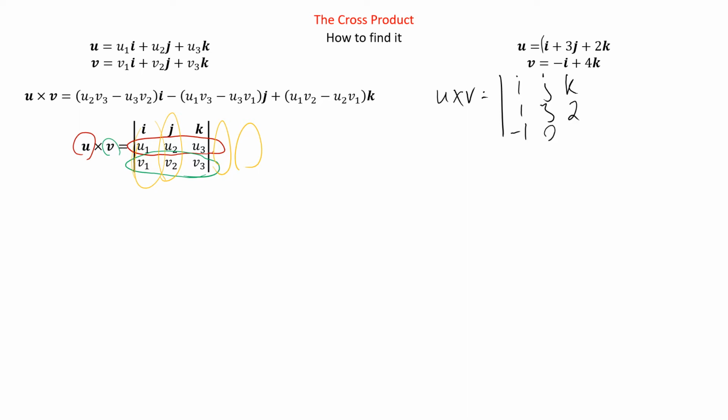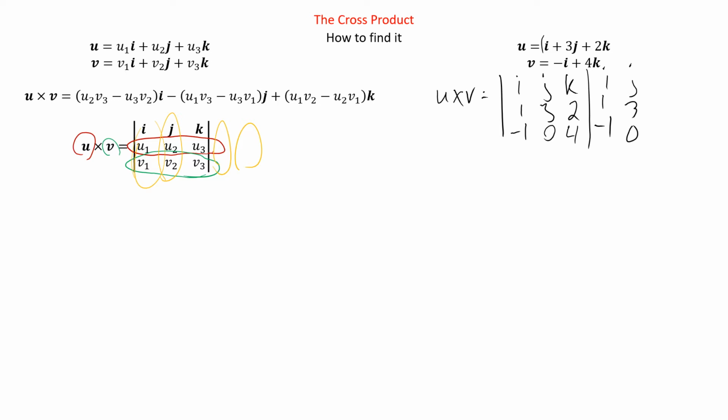We have 0 j's. Make sure that you include that in the right place. We wouldn't want to put negative 1, 4, then 0, because that positioning is important here. So negative 1, 0, and then 4. And now we're going to repeat these first 2 columns. So we'll have an i, 1, negative 1, a j, 3, and a 0.